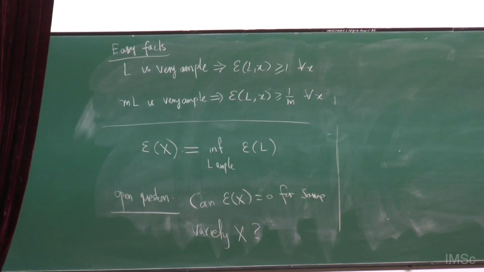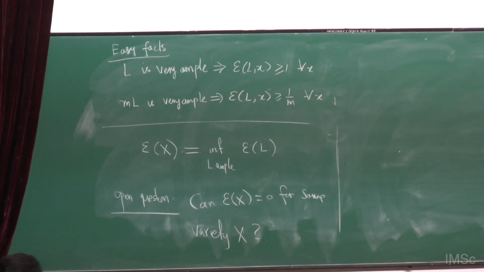If it's not ample, then it will become 0. If you blow up P2, the pullback of O(1) is not ample anymore, and hence its Seshadri constant would be 0. It is nef, it will remain nef. So the Seshadri constant is non-negative, but it is 0 because it's not ample. But when it is ample, I don't know what one can say. There is no well understood relation between these two.